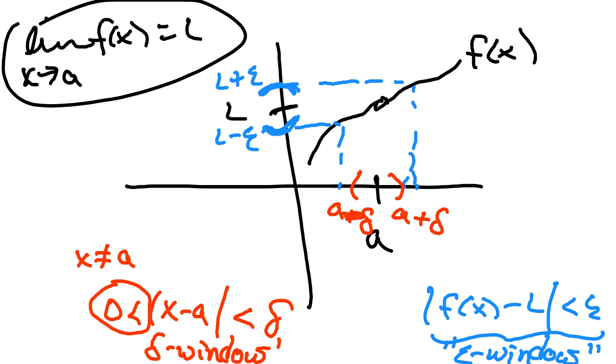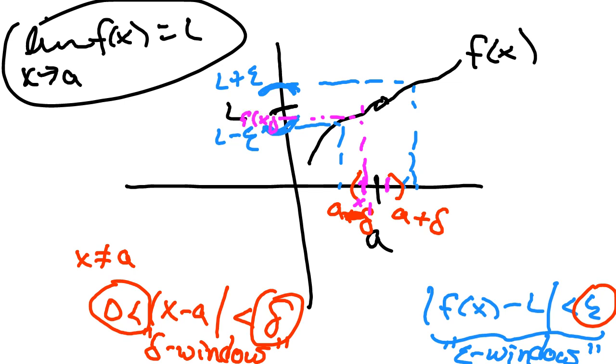So basically, if you give me any tiny epsilon window around L, this limit is going to exist and equal L if and only if for any epsilon that you give me, I can find a delta that guarantees that any value here, let's call that x1, is going to get mapped, so that's f of x1, right?